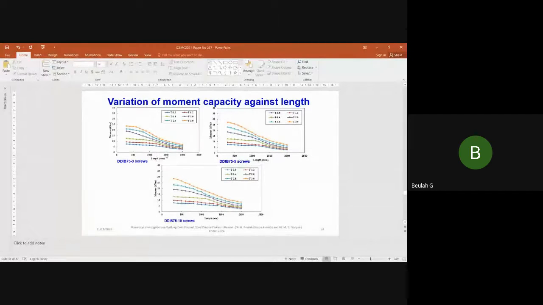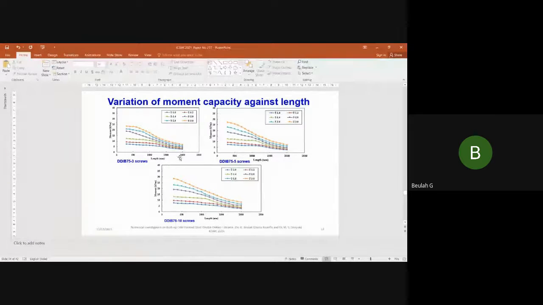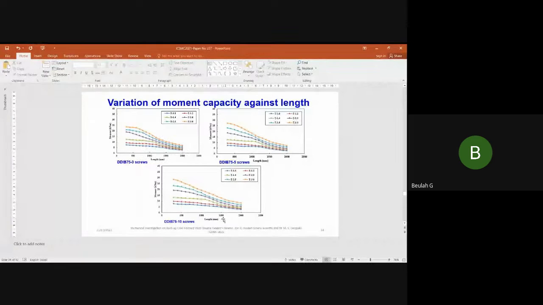So you can see beyond 1500 to 2000 mm length, for all the 3 graphs, that is the slender columns, the change or the variations is not very noticeable. So for all the slender columns, irrespective of the number of screws, the behavior pattern is the same.